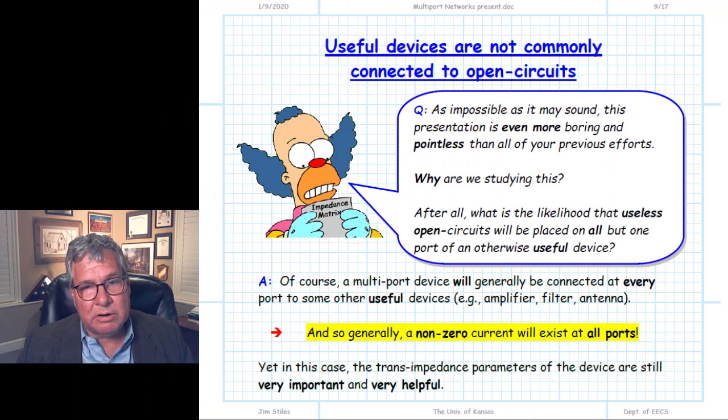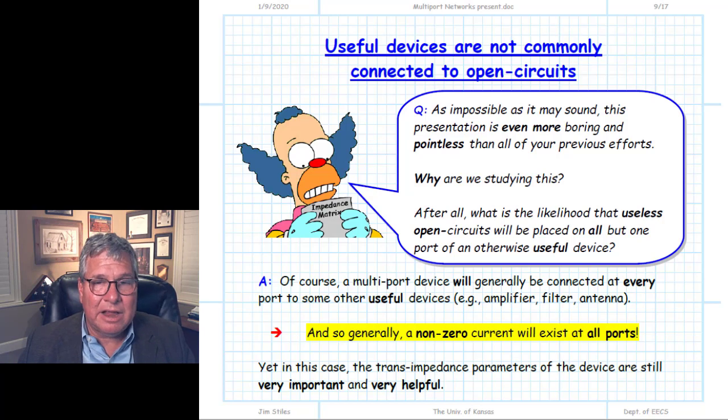Now here you may be wondering about the point of even doing this exercise. Why go through and analyze a circuit when we connect open circuits to all of the ports except for one? Generally speaking, if we have a useful device, we're not going to connect open circuits to it. So open circuits are basically nothing. We connect nothing to the circuit and see what happens in the analysis. Well, that doesn't seem very useful, since it's almost certainly not the case that we'll connect nothing.